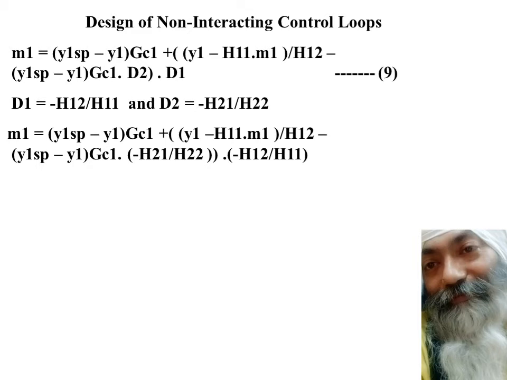So this value of d1 and this value of d2 were replaced by this fraction and this fraction over here and over here, and I'm now going to simply do manipulations, like opening the brackets. The moment I open the brackets and rearrange the terms, you see this m1 over here already has h11 divided by h12 with the negative sign.